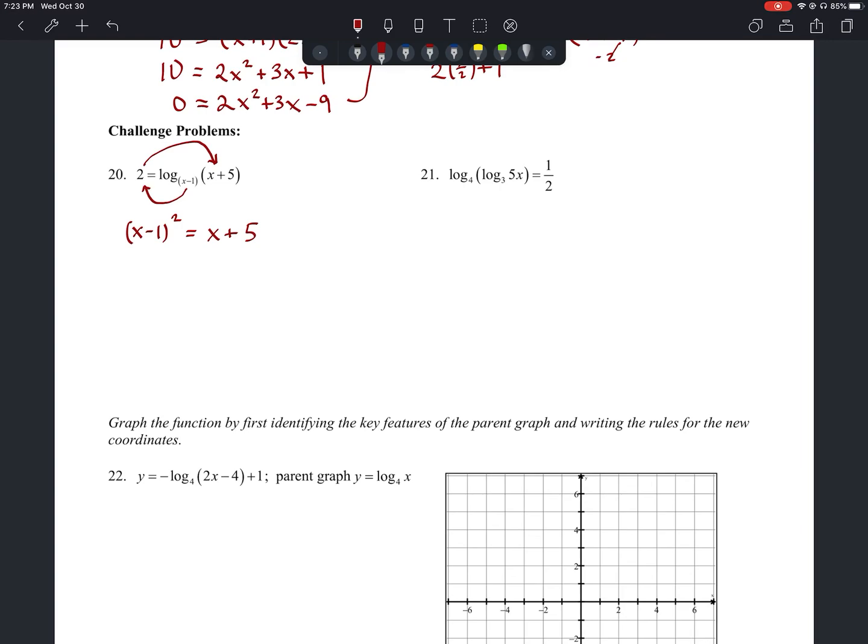Okay, to solve this, we're just going to have to simplify. We're going to have x squared minus 2x plus 1 equals x plus 5. Let's set it equal to 0. So we're going to subtract x and subtract 5. So x squared minus 3x minus 4 is equal to 0.